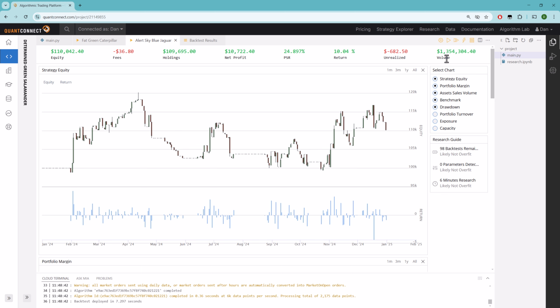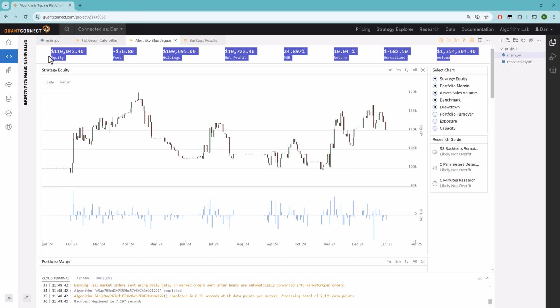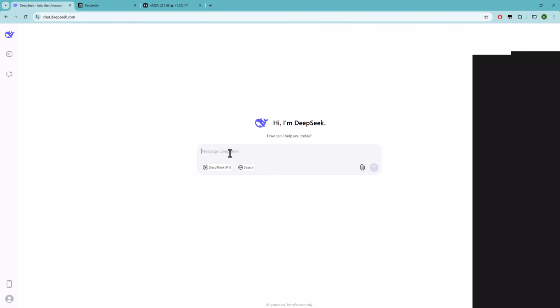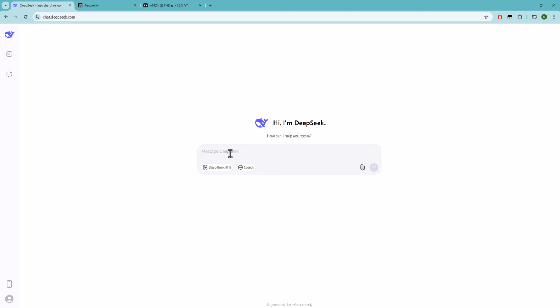And I'm going to take all of these and ask DeepSeek if it can help explain this output. Can you explain the output of QuantConnect backtest results? Here is a sample.